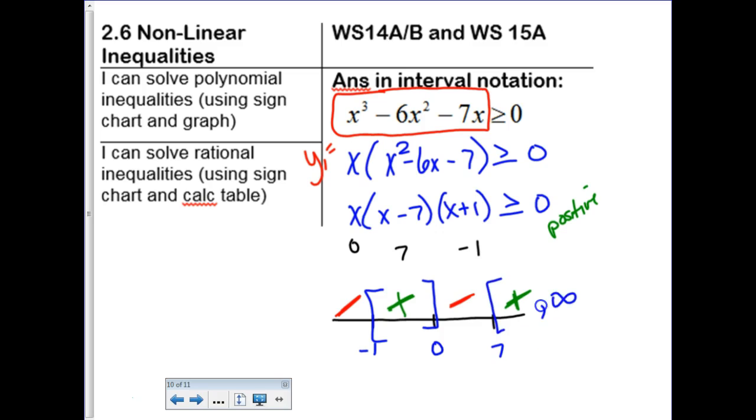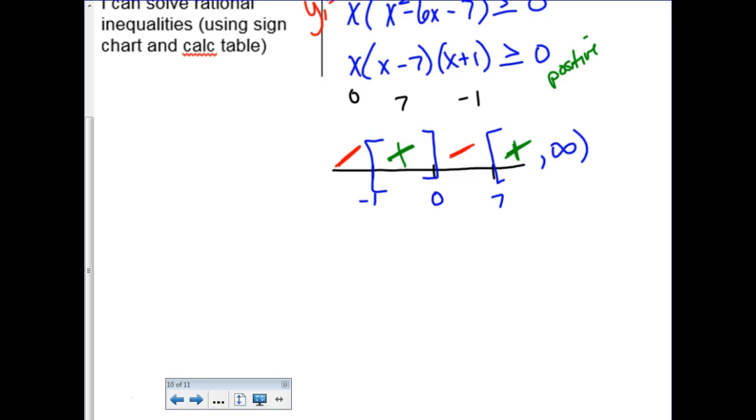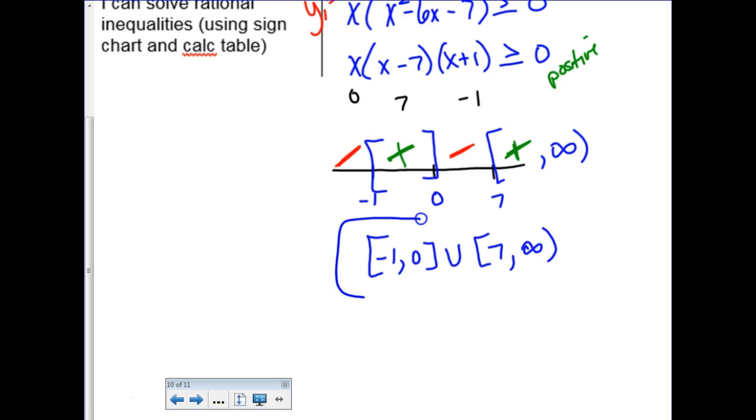And then it's going to go to infinity. So notice I used brackets even on my sign chart because my interval starts at -1, goes to 0, union, starts at 7 again, and goes to infinity. Okay, someone tell me in not my words, why did I just use brackets on -1, 0, and 7?